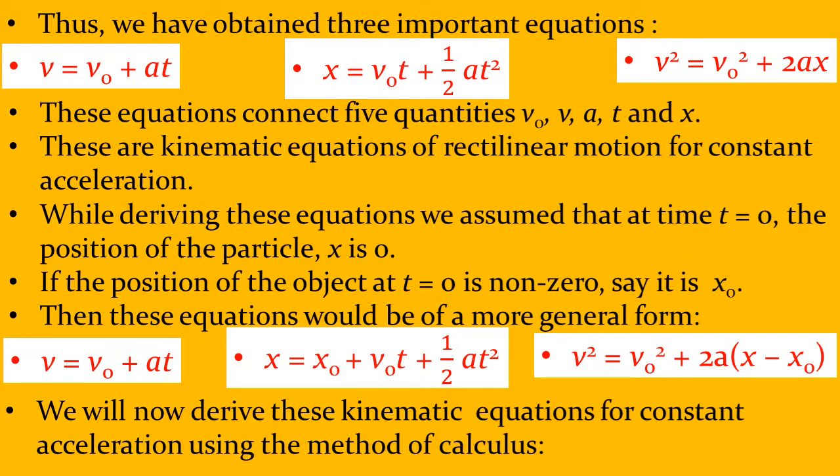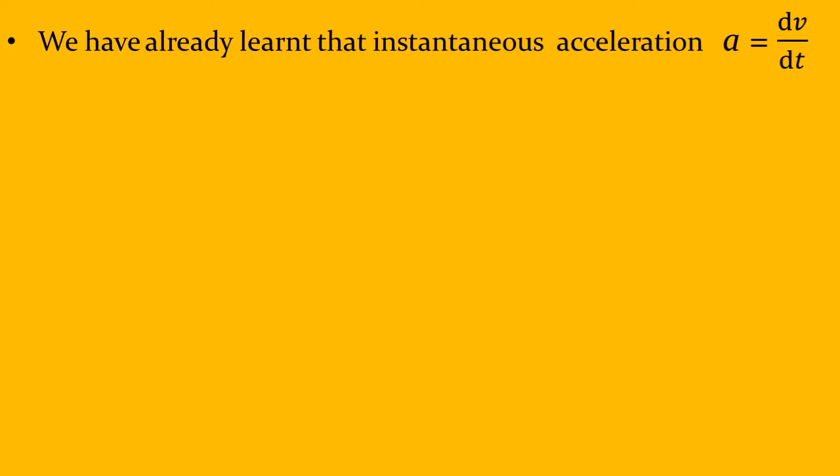We will now derive these kinematic equations for constant acceleration using the method of calculus. We have already studied that instantaneous acceleration a is equal to dv by dt, derivative of velocity with respect to time t.